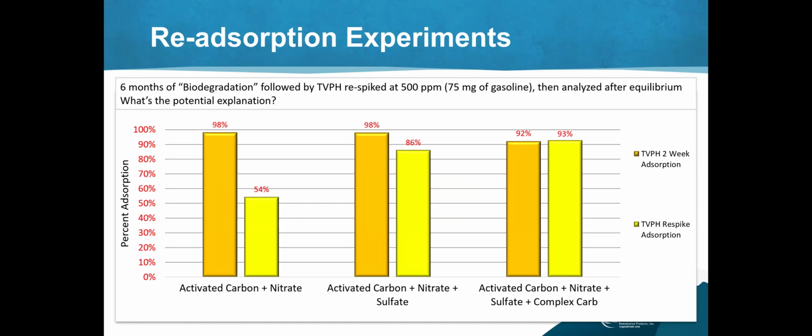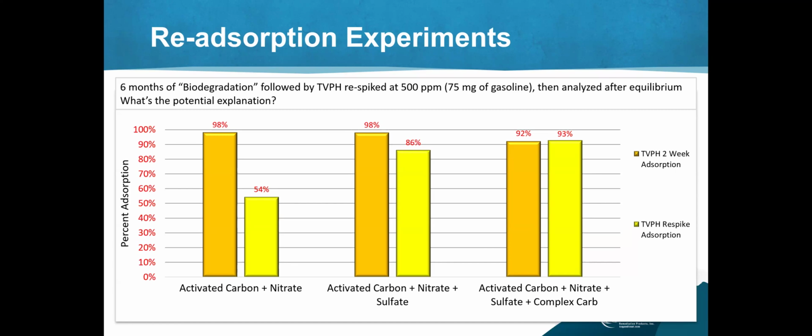Now, this is a really interesting study and it takes a minute to think about what we're showing you. Earlier, in the previous slide, I was showing you that we absorbed diesel range organics to the activated carbon, and then we went through some biodegradation tests.